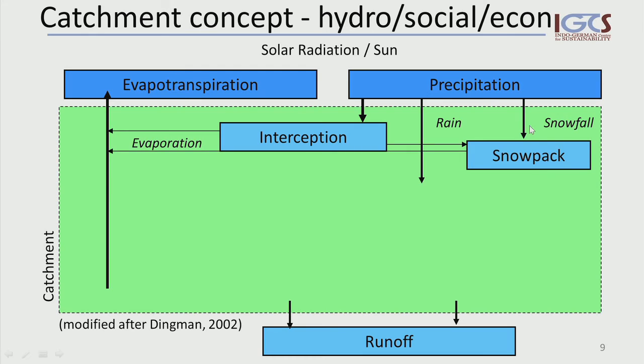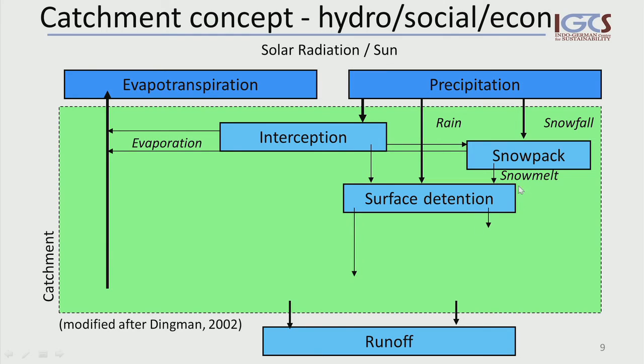We could also have, depending on the type of precipitation, rainfall or snow, a snowpack, which would form a temporary storage again. As snow is melting, it will join another temporary storage compartment, which we call surface detention. Those detention areas can be in the size of square millimeters, square centimeters, or even larger, as large depressions.